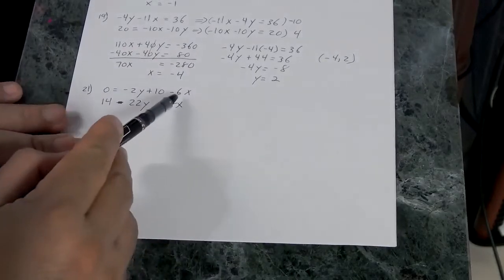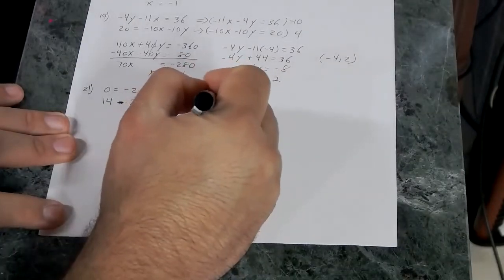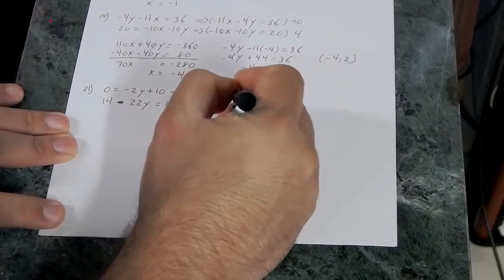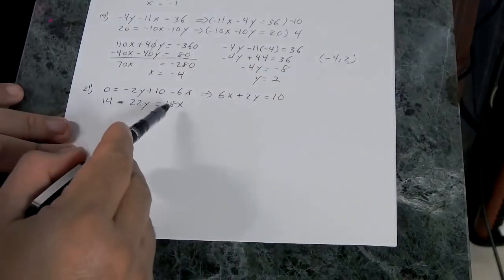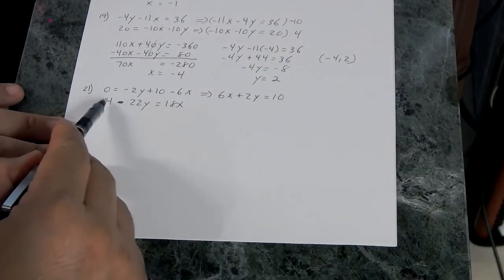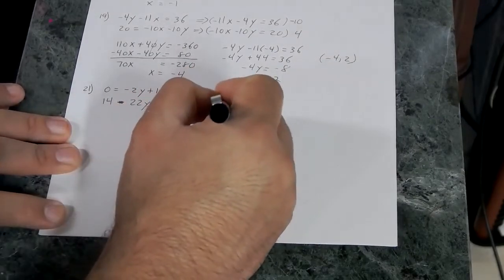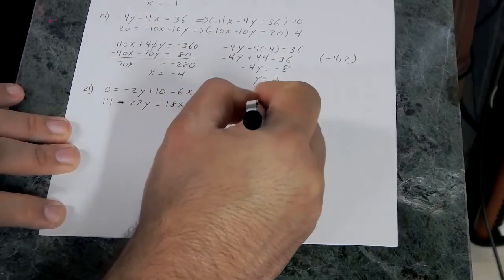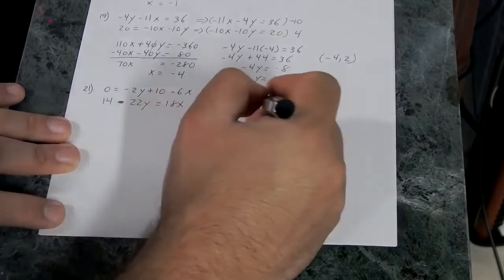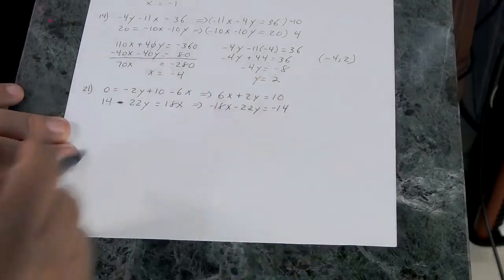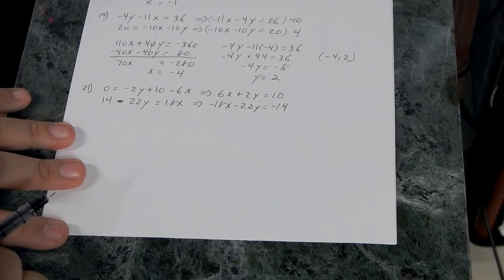Again, I'm going to take this x and y and put it on the other side. So I end up with a positive 6x, a positive 2y equaling 10. I'm going to take this 18x to this side and this 14 to that side. So I end up with negative 18x minus 22y. And this positive 14 over here becomes a negative 14.